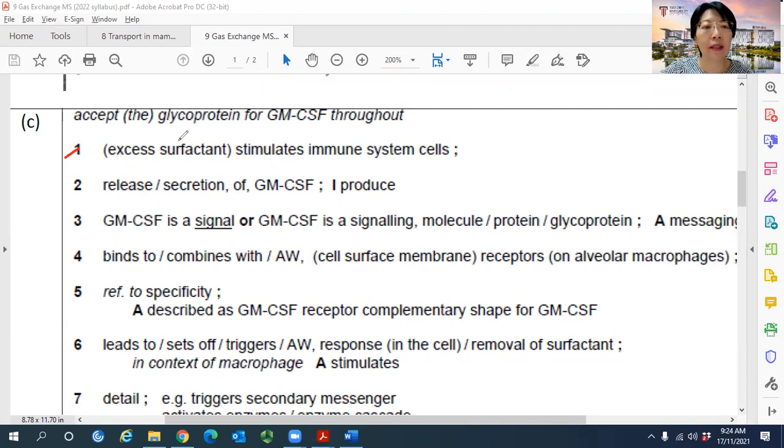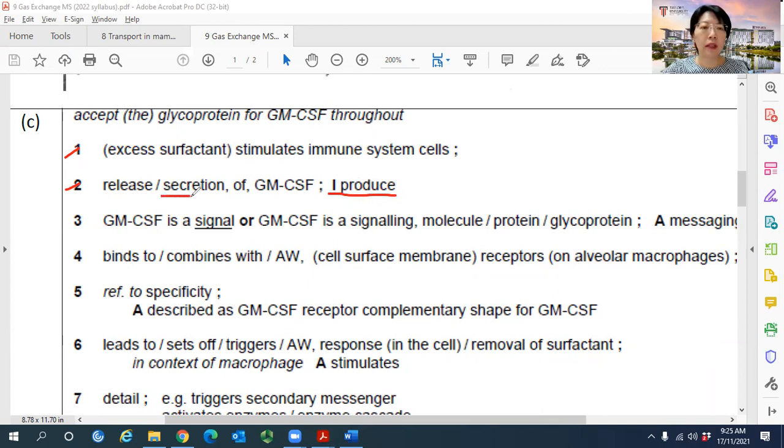So the stimulus is excess surfactant that stimulates the immune system cells. After that, the cell will release or secrete GM-CSF. Ignore "produce", because the cell must produce GM-CSF, and after that it must be secreted out of the cell.